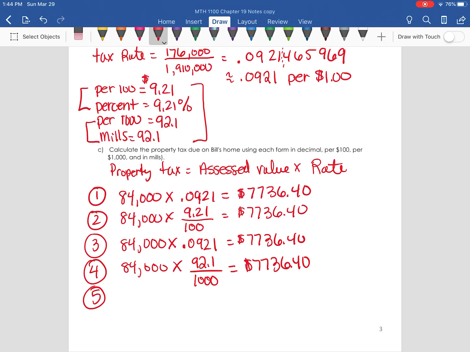We're calculating this gentleman's tax, but we're doing it using the different forms of the rate. Last one, we're calculating it in mils now. So I'm going to take the assessed value using the mils form. Remember, mils means per 1,000. So I'm going to take 92.1 and divide by 1,000, and I'm going to get the same answer.